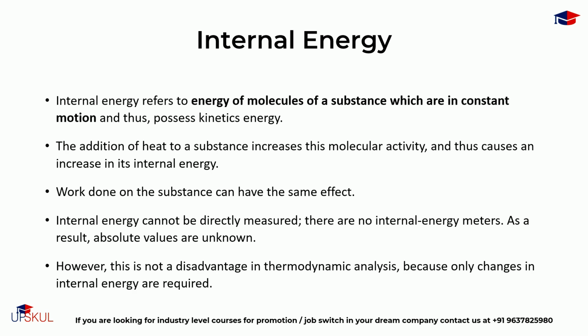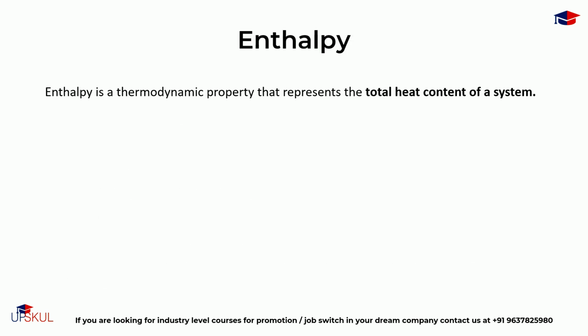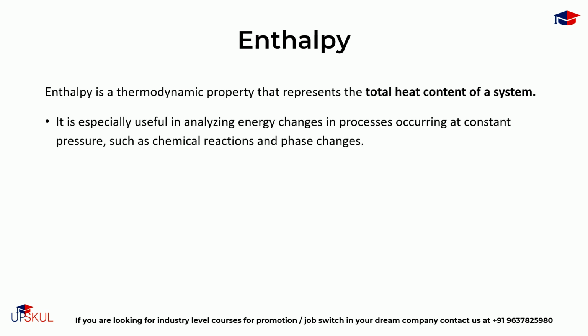Now, enthalpy is a thermodynamic property that represents the total heat content of a system, and it is especially useful in analyzing energy changes in processes occurring at constant pressure, such as chemical reactions and phase changes.